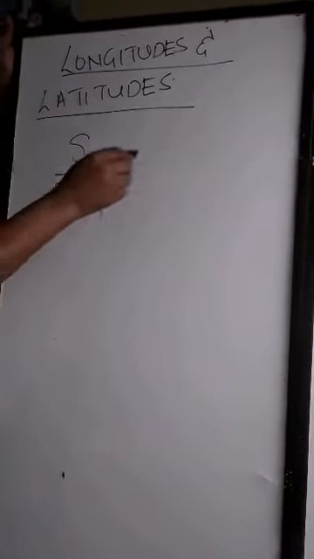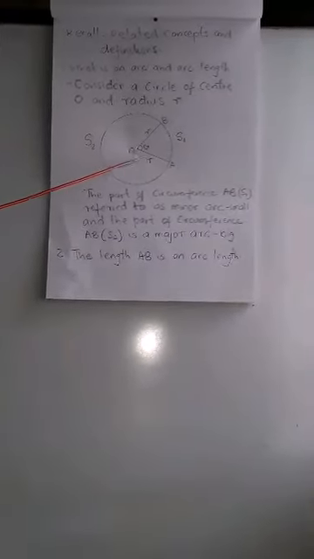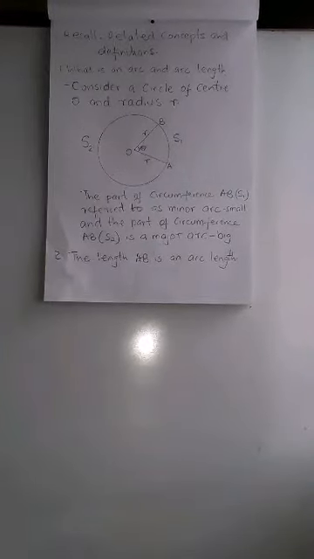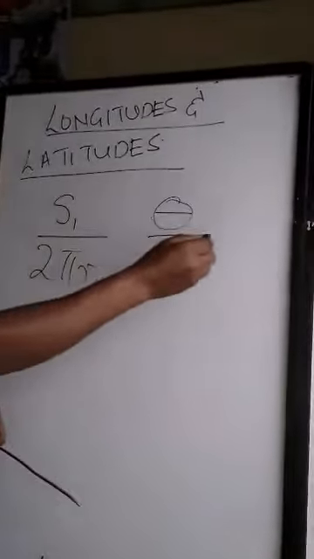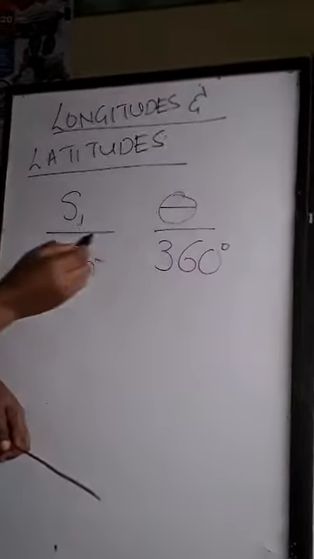Now, going back there, this theta is also part of the whole circular angle, which is 360. So theta is also a fraction of the whole circular angle.